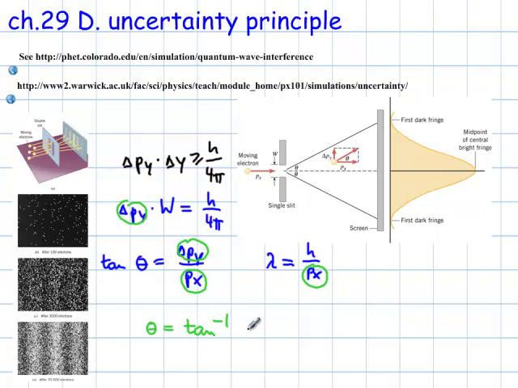let's see, try not to make a mistake here as I plug in numbers. So delta Py here is going to be h over 4 pi and the width, and then I plug in the Px, which is going to be h over lambda, respectively.